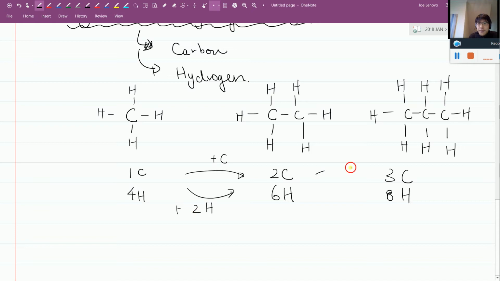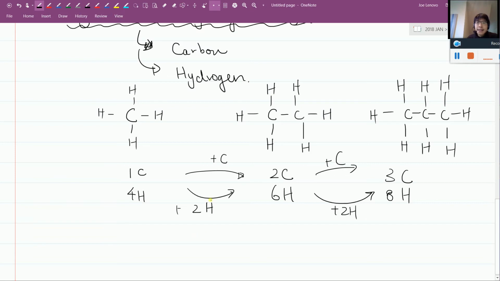Can you see that particular pattern? Every single time you add 1 carbon on top, you will have another 2 hydrogens. If you learn about maths, this is a linear relationship between the number of carbons and the number of hydrogens. And every linear equation, you can use a formula to represent.